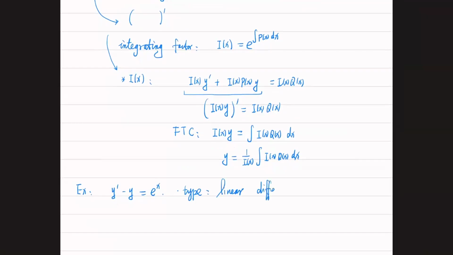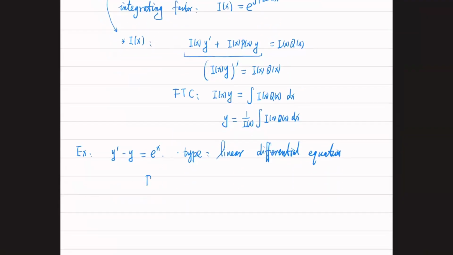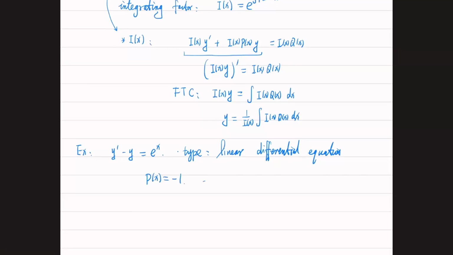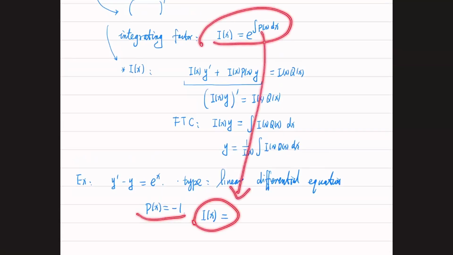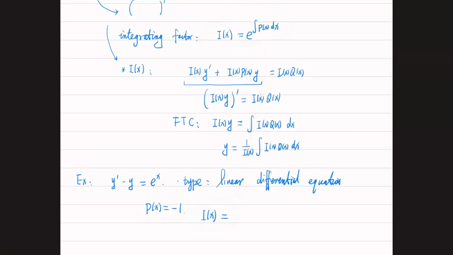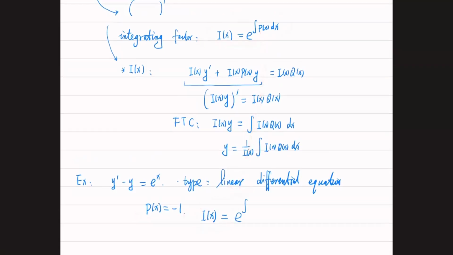Second, we say that p of x is negative 1. Now, what's the integrating factor? How do we construct this? We want to use this formula. Using this formula, we need one antiderivative of negative 1 dx.